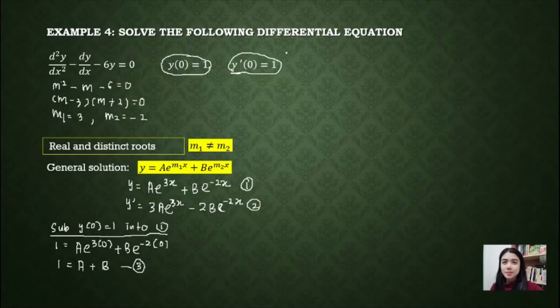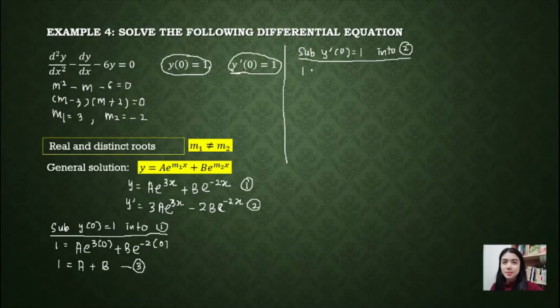So this initial condition says that we substitute y'(0) equal to 1. Let's substitute into the equation that involves y prime, that is your equation number 2. So it means that your y prime is actually equal to 1.